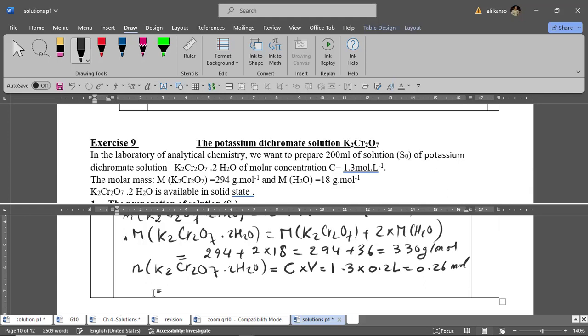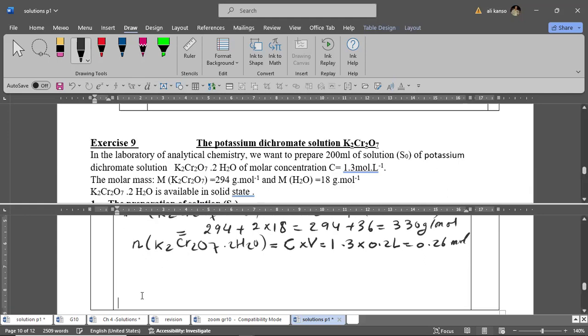Next step is to find the mass. We can replace this formula by the word salt to simplify the case. Then we write the number of mole that we calculated times the molar mass. It's 0.26 times 330.